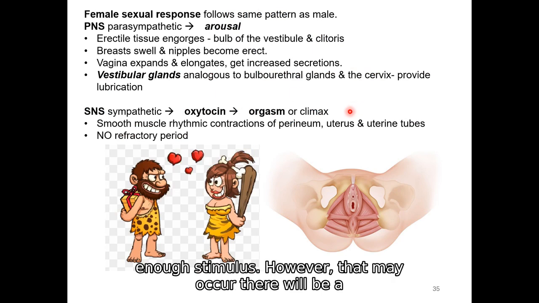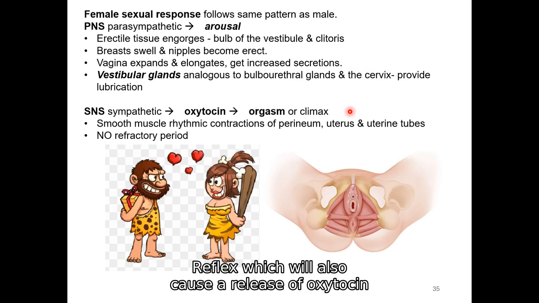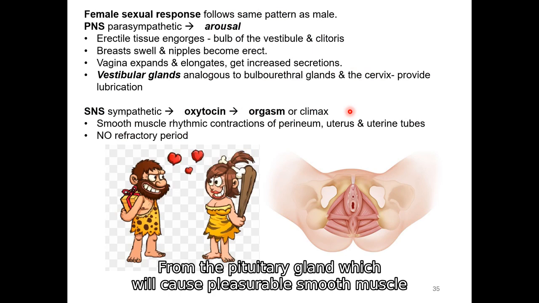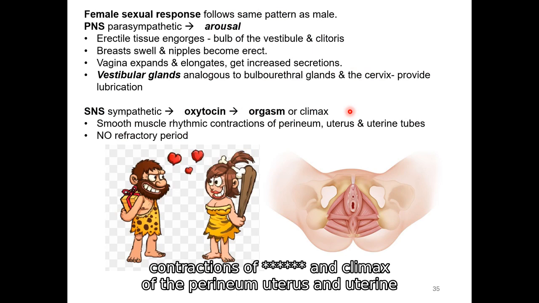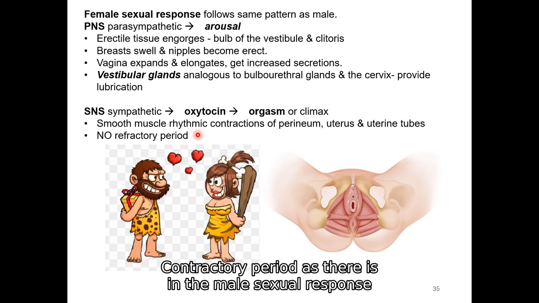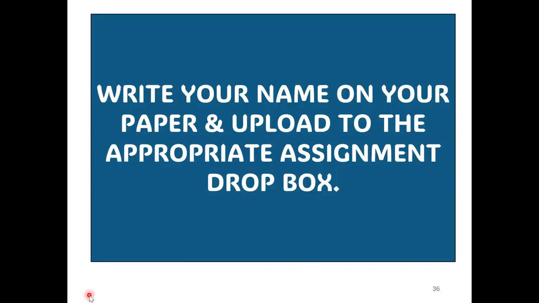Then with enough stimulus, however that may occur, there will be a sympathetic reflex, which will also cause a release of oxytocin from the pituitary gland, which will cause pleasurable smooth muscle contractions of orgasm and climax of the perineum, uterus, and uterine tube, so all of those muscles. In females, there is no refractory period as there is in the male sexual response.